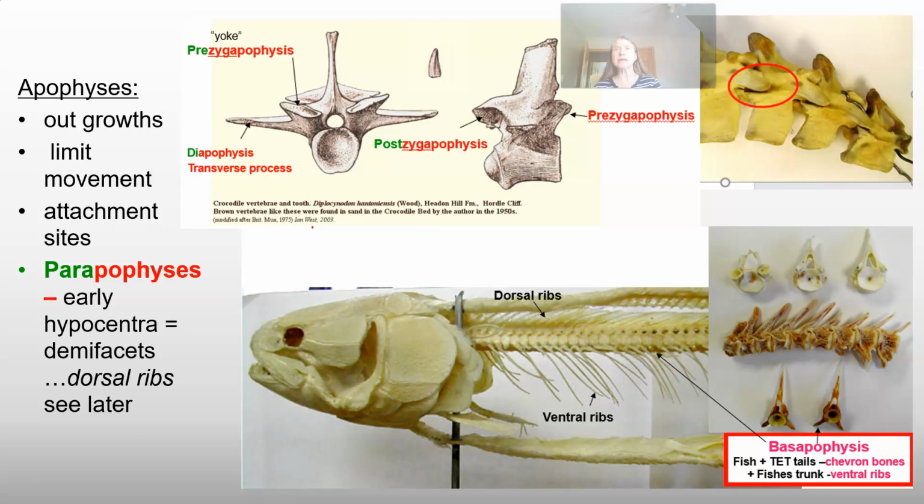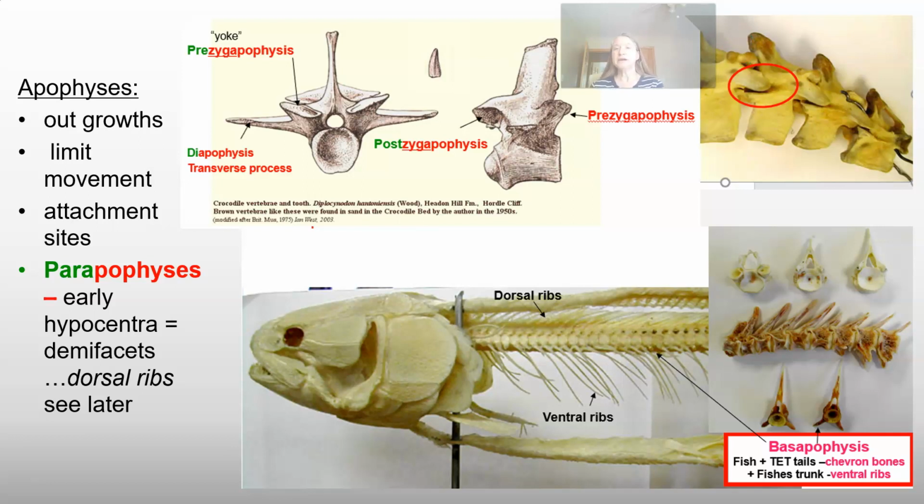So just by looking at this articulation, you should be able to see that it's going to prevent this dorsal ventral motion. Those bones are going to hit each other if you try to flex and extend dorsoventrally. But it looks like these would probably slide on each other if we did some lateral flexion here. And specifically these are going to prevent torsion. So if you try to twist the vertebrae, those two bone projections are going to limit that rotation.